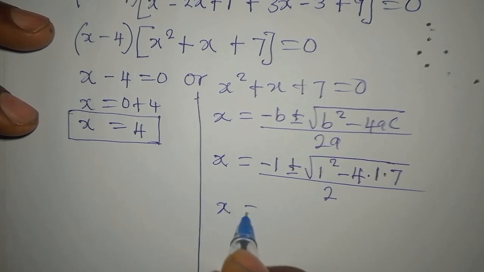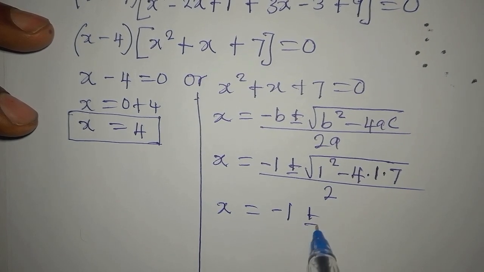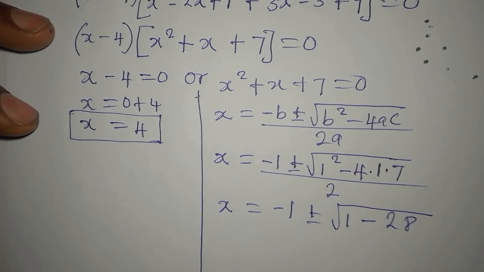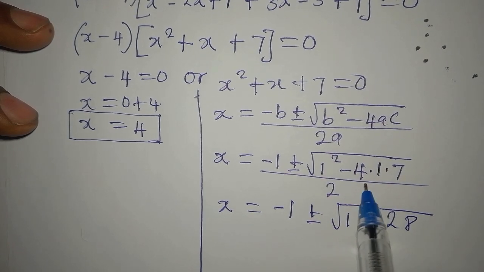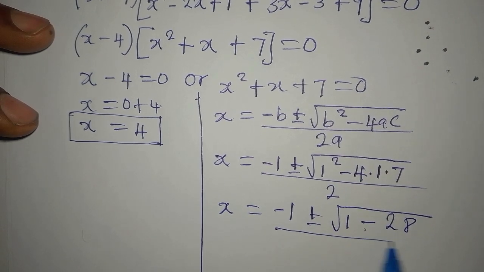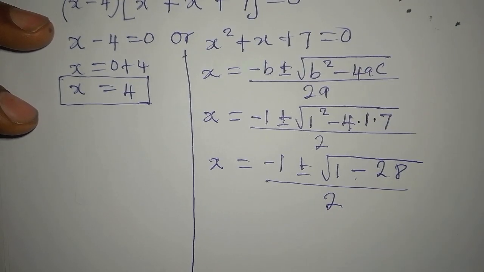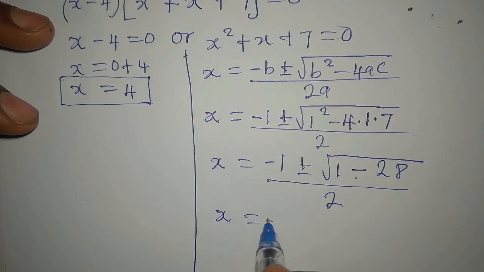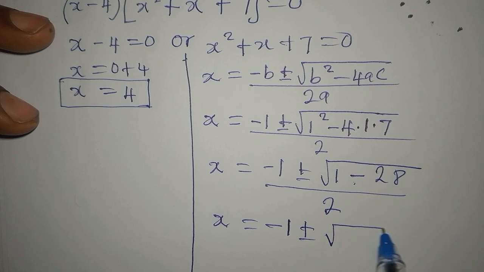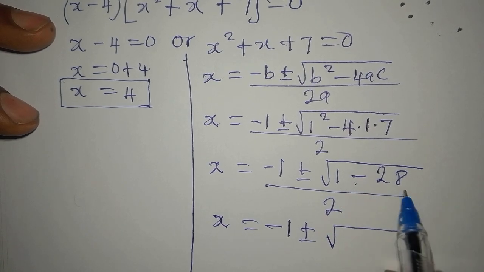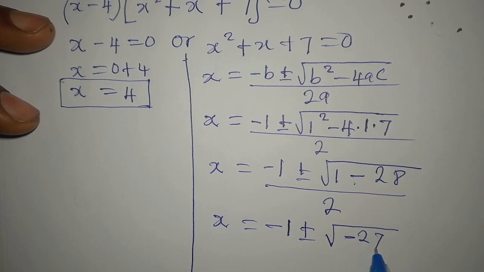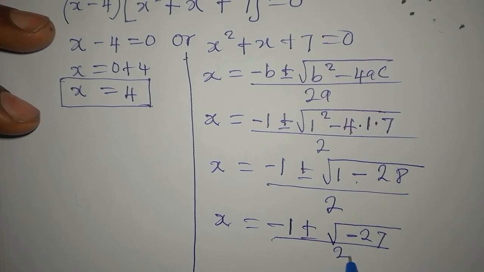Now our x here is equal to −1 ± √(1 − 28). 1 squared is 1, 4 times 1 times 7 is 28. So this negative is here. Then we divide this by 2. X will now be equal to −1 ± √(−27) over 2.